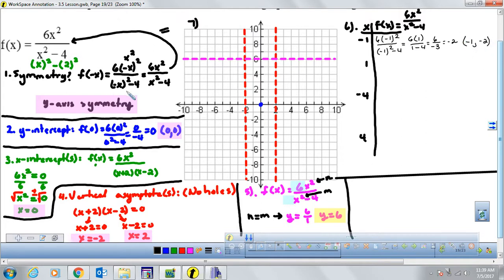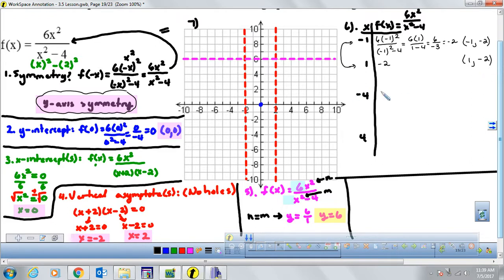Since this function, we said on number 1, has y-axis symmetry, that means that whatever we get on the -1 should be the exact same value as +1. These two should be exactly the same thing because the function is symmetrical with the y-axis. So we don't need to do it. It has to be -2 as well. So we also get 1 comma -2.